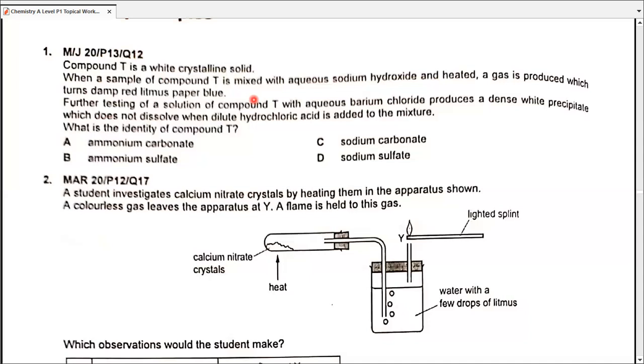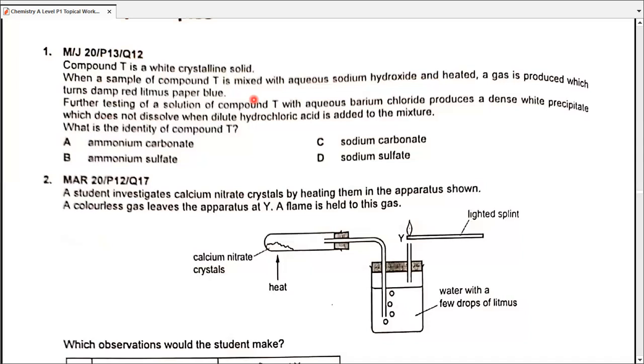Further testing of a solution of compound T with aqueous barium chloride produces a dense white precipitate. अगर अमोनियम कार्बोनेट होगा तो अमोनियम क्लोराइड produces a white precipitate, but I think ammonium chloride dissolves when added to hydrochloric acid.